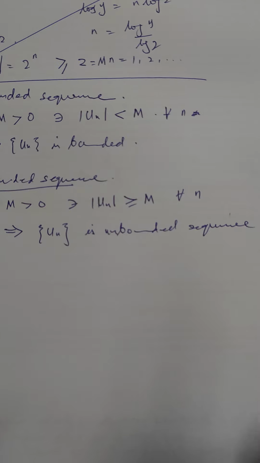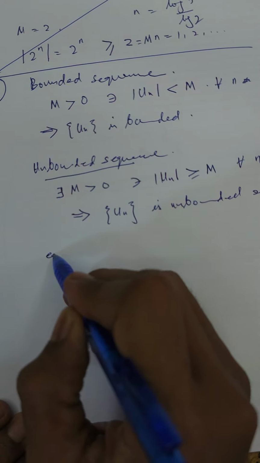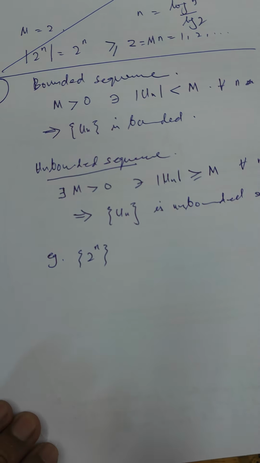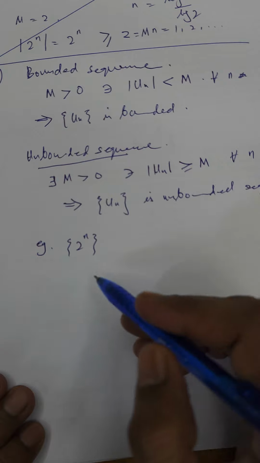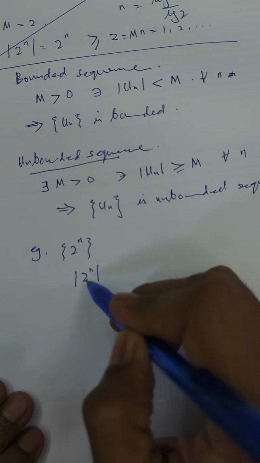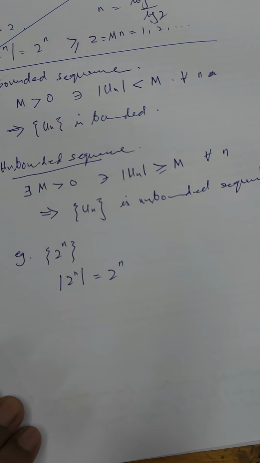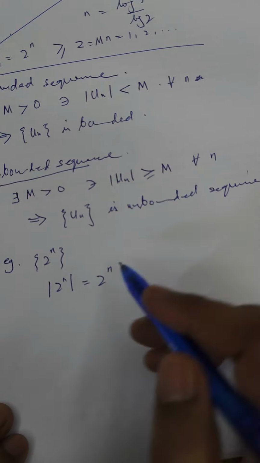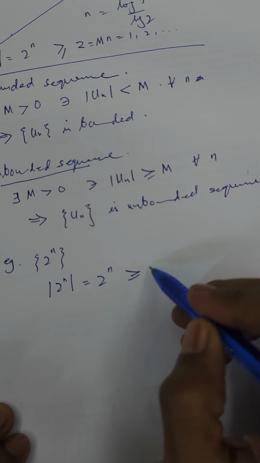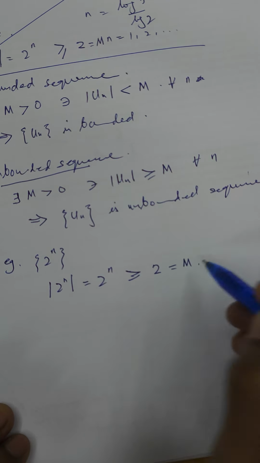A simple example for this is a sequence like 2 to the n. If you take the absolute value of those un, it is always positive, so we have 2 to the n, and obviously for all n equal to 1, 2, 3 and so on, this is greater than or equal to 2, which is our m.